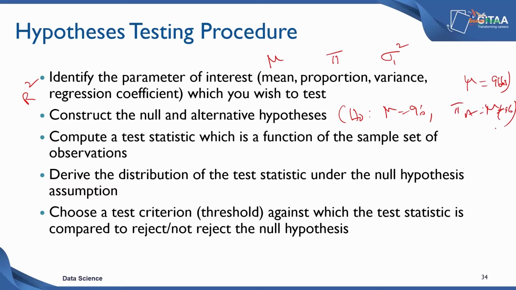The third is computing a test statistic. As I said, the factors that determine this are whether it is a one sample, a two sample independent, or a two sample paired test, and also what the distribution of the population and the sampling is.